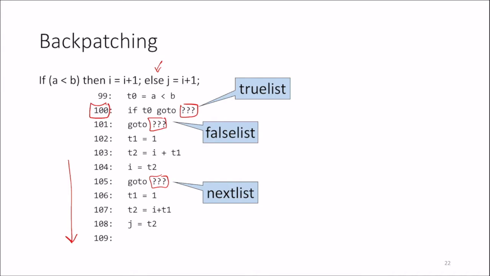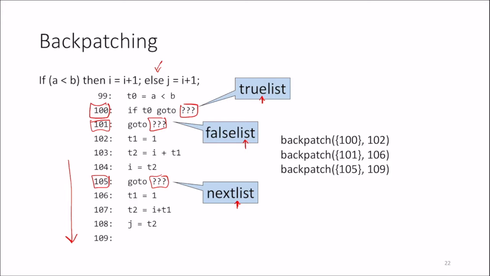So the next list is a way of determining what the next action should be. So what we're going to do is store these locations for the intermediate representation. So 100, 101, and 105. We're going to store those into these respective lists. So this one would have 105, 101 goes into this list, and 100 goes into this list.